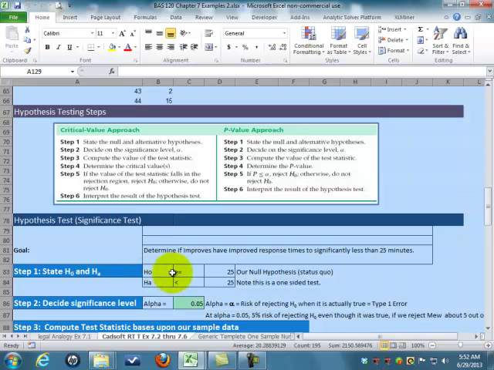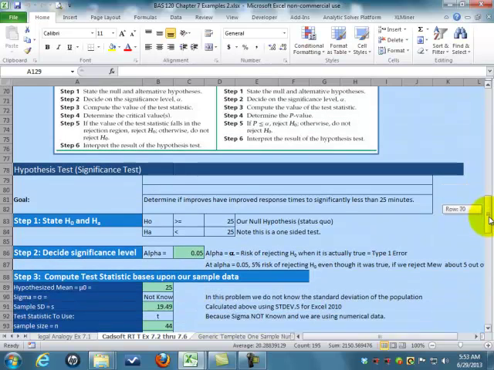So our null hypothesis is that our response time is 25 minutes or greater, and our alternative hypothesis is it's less than 25 minutes. Again, note this is a one-sided left tail that we're interested in.